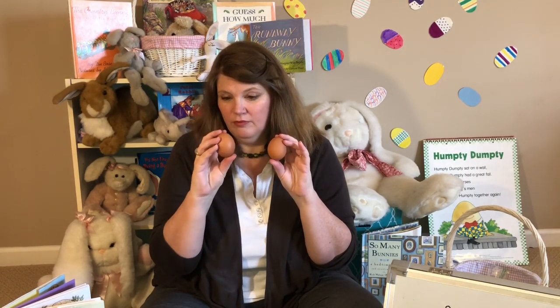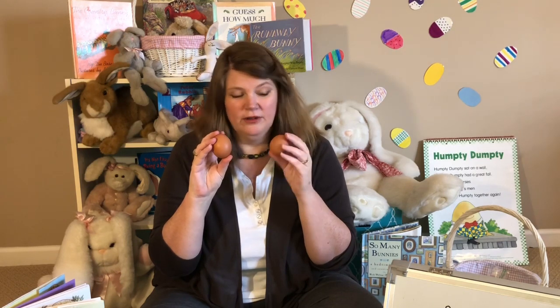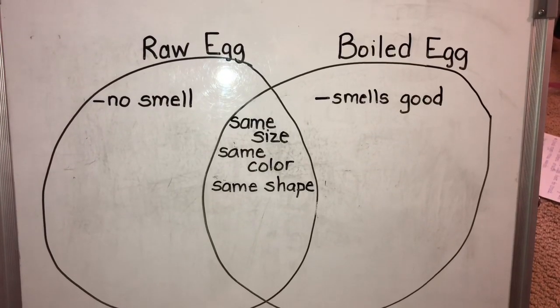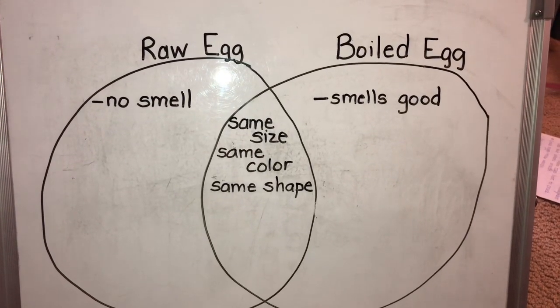Do they look different at all? Not that I can see. How about our sense of smell? I don't really smell the raw one. Smell the boiled egg. How about our sense of touch?